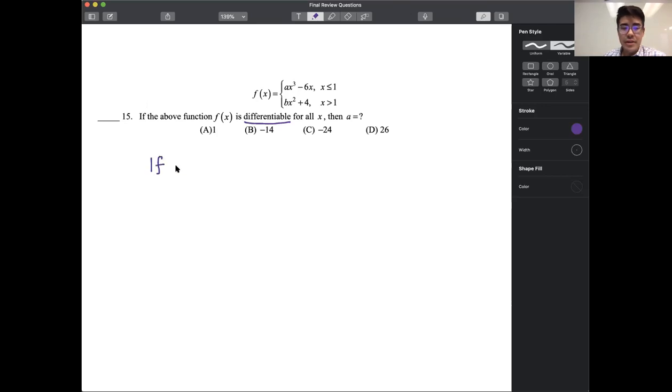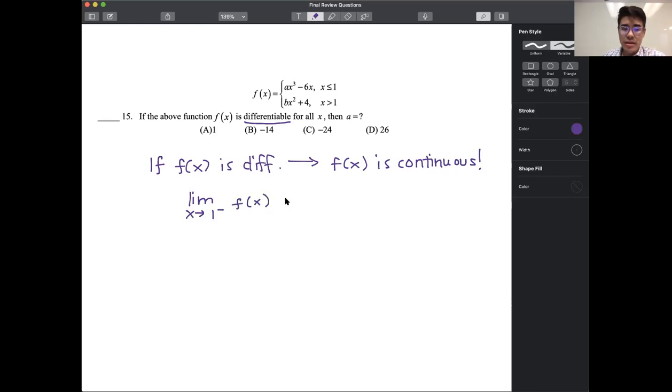I'll give you this hint. If f of x is differentiable, then we can use this: f of x is continuous. So we take the limit as x approaches 1 from the negative side, and we can do direct substitution.